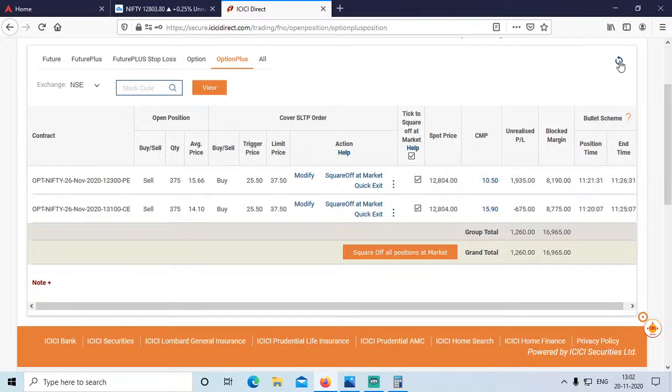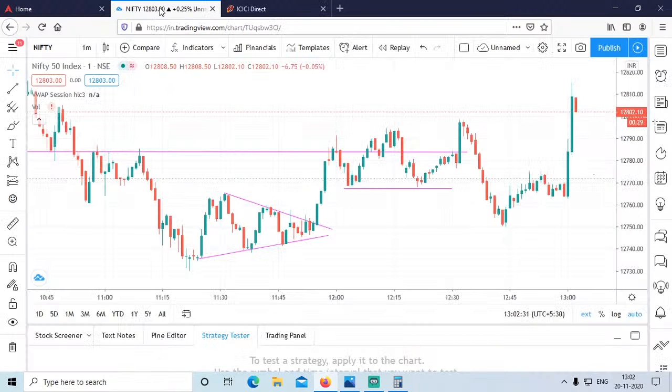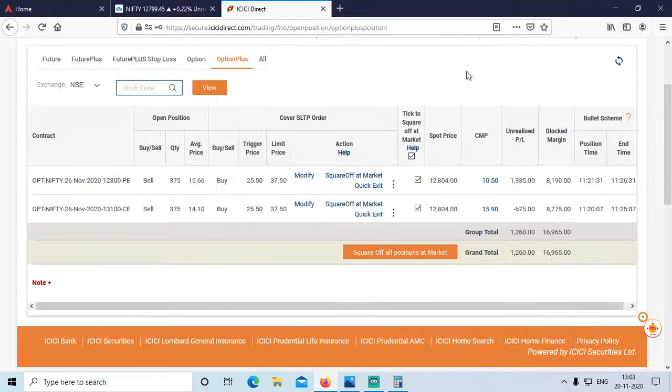Our profit is still the same, because on Friday a sudden movement of 40 or 50 points will not impact me, but the same sudden 40 or 50 point movements on Thursday or on Wednesday, even for our friend Prajwal it happened on Tuesday, will hit hugely. But on Friday, for sure, any such sudden movement will not hit me.